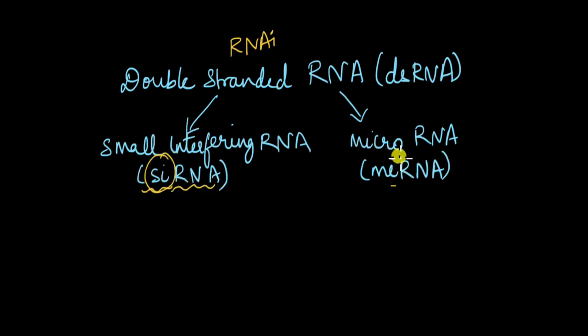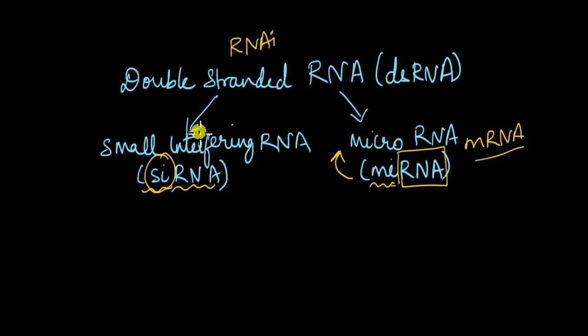Similarly, while writing miRNA, mi should be in small letters and RNA should be in capital letters. Also, don't get confused between microRNA and mRNA. miRNA stands for microRNA and mRNA is the gene transcript that we get after transcription.